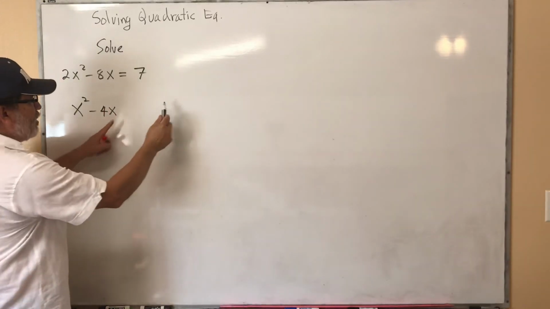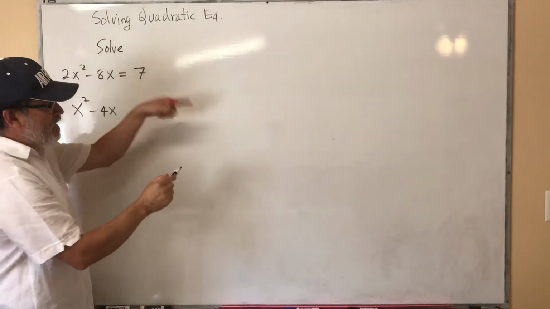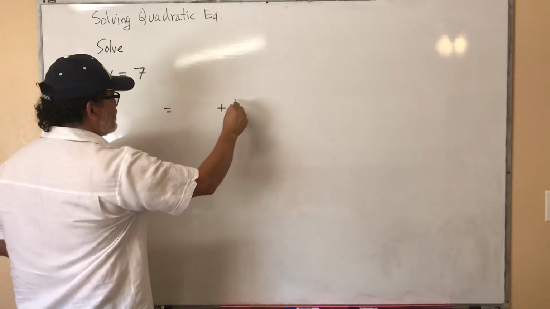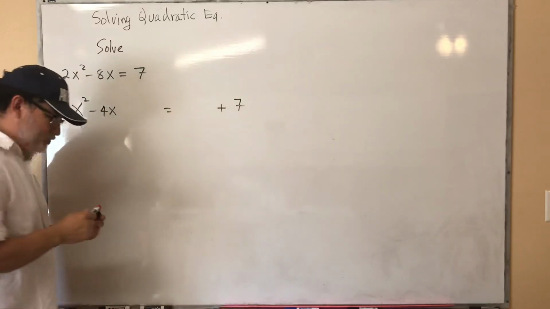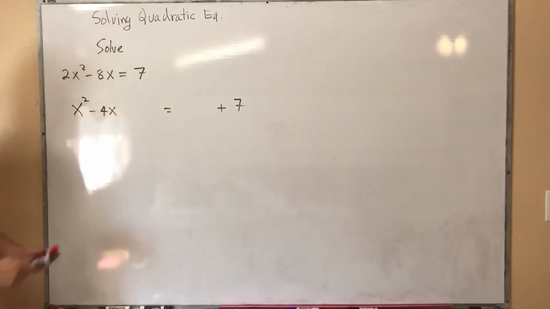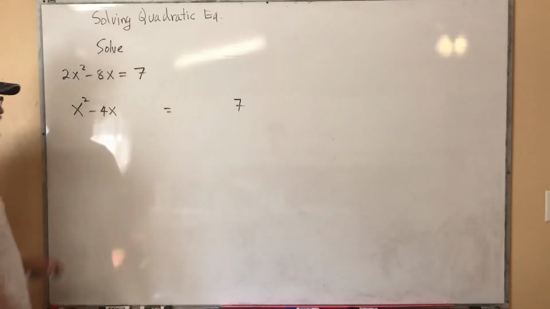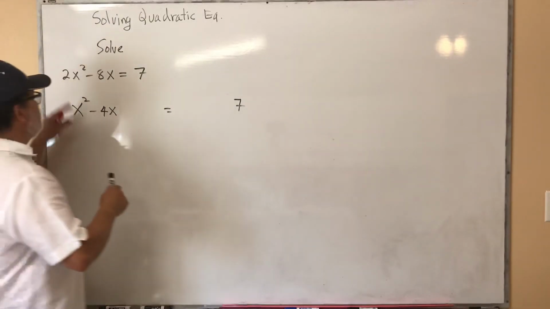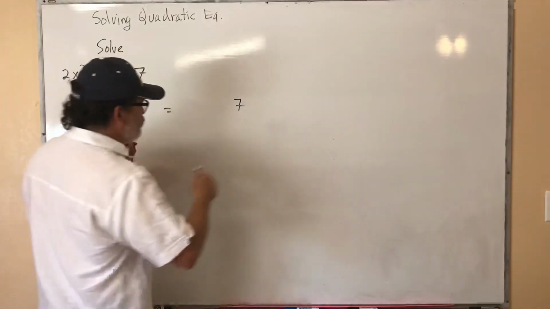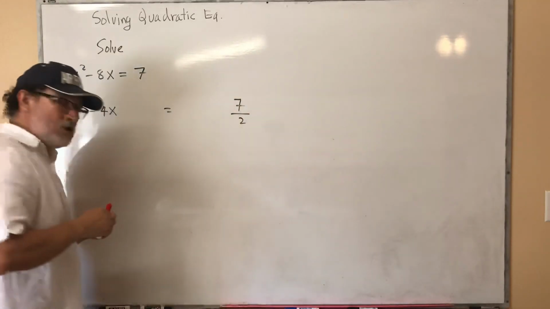Make room. Push this aside. Plus, if you want to say plus 7, it's fine. You don't have to, but you're going to say it later. Oh, divided by 2, right? Divide this by 2, and by 2 over 2. Almost forgot that.